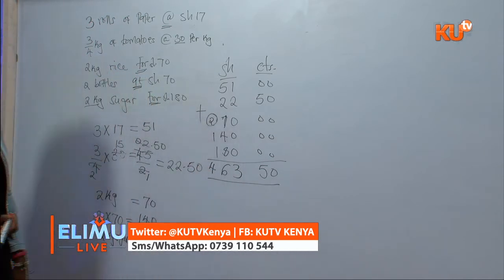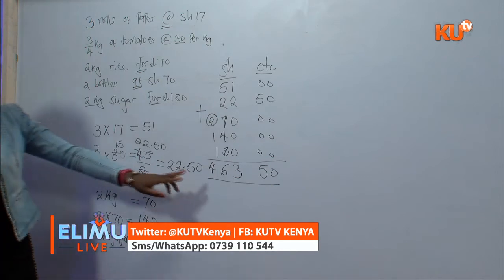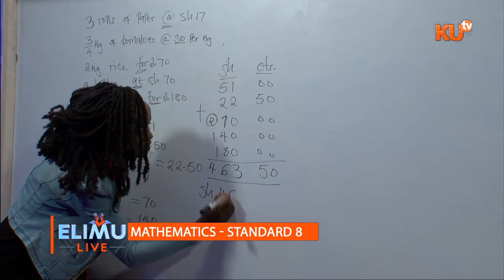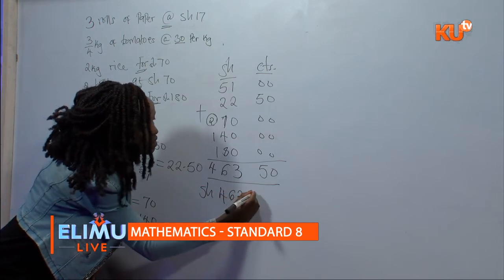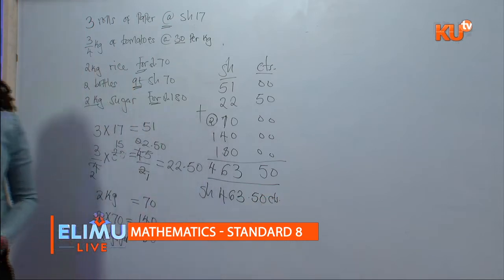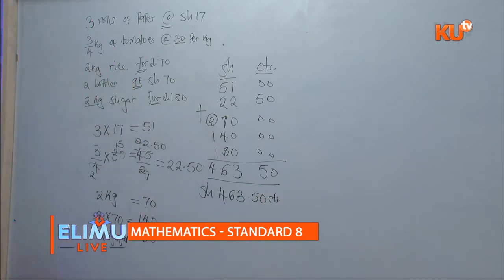So the total cost of the items was 463 shillings and 50 cents.